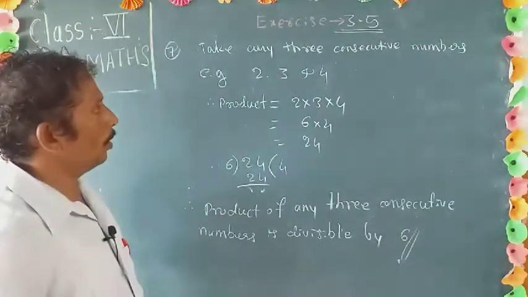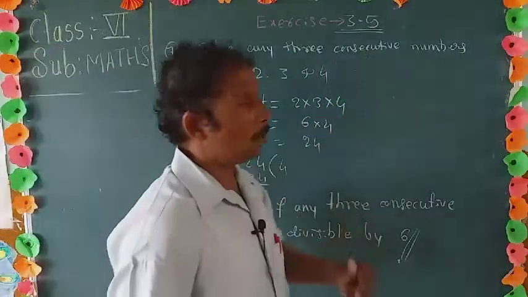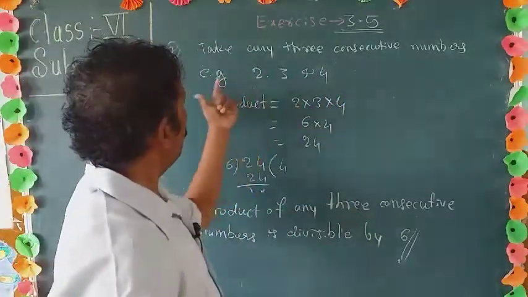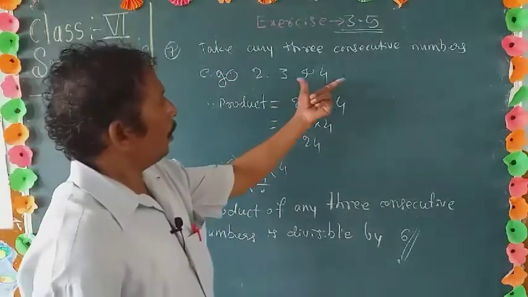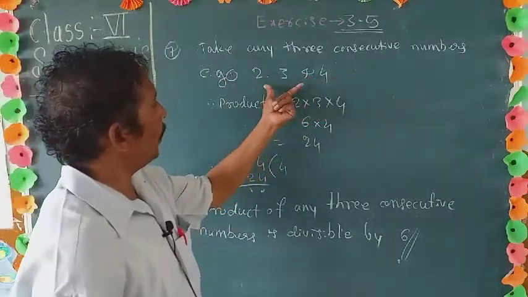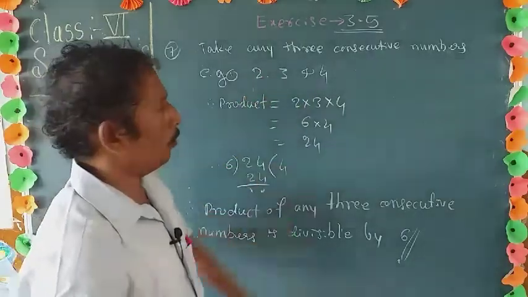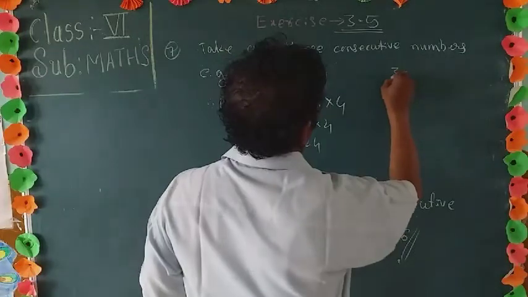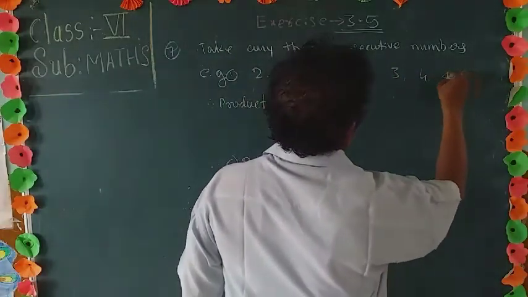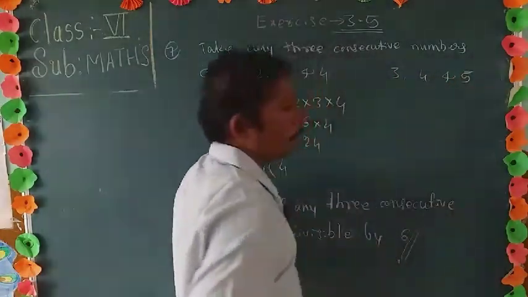Similarly, students, take any three consecutive numbers. In example 1, the three consecutive numbers taken were 2, 3 and 4. Let us take another three consecutive numbers, 3, 4 and 5.